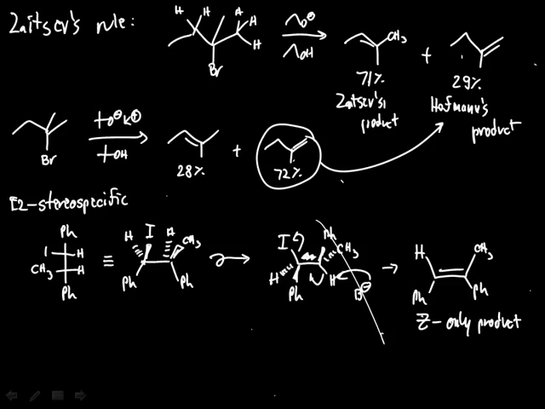If we wanted to get an E product, we couldn't do this. We would have to switch our starting material to a different compound, a different stereoisomer of the starting material. And if we had this, then this would lead to the E product.